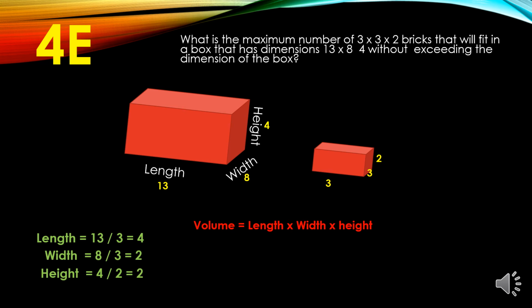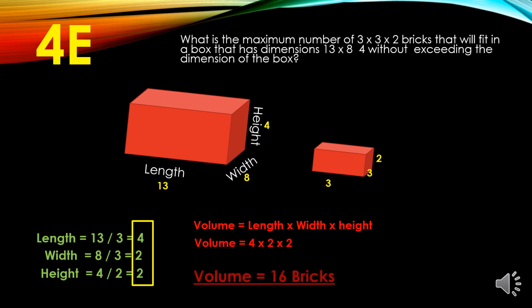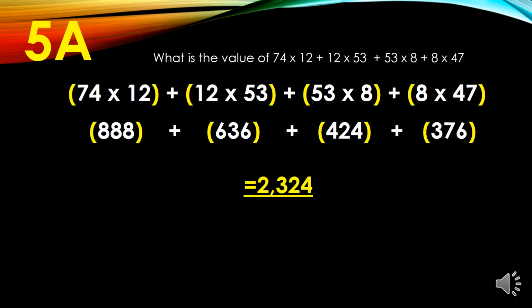Volume is equal to length times width times height. So 4 times 2 times 2 will give us 16. So the number of bricks inside the bigger box is 16 bricks in total. Okay, so now let's proceed.